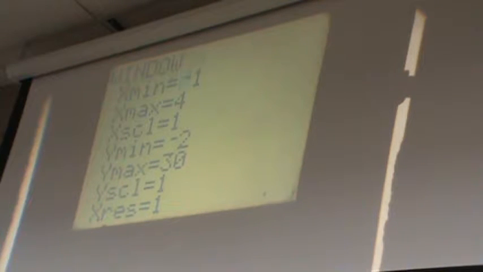If I don't know what 5 factorial is offhand, I can press 5, then press math, then probability of all things, and go down to number 4 on my calculator. Okay. Now I'm going to go from negative pi to pi.